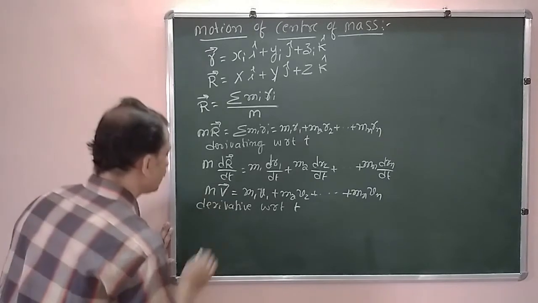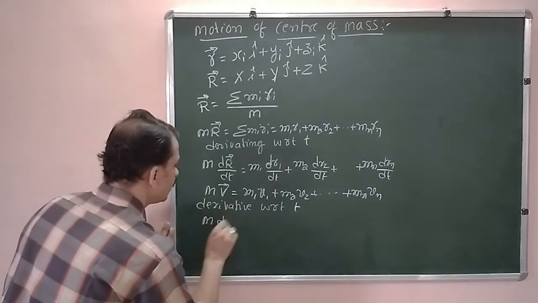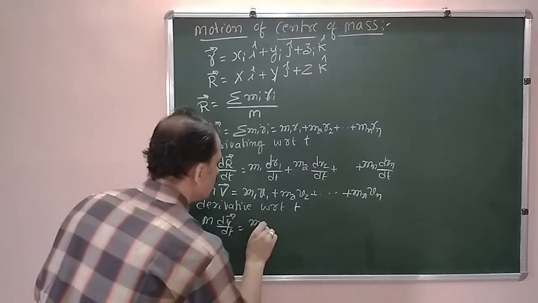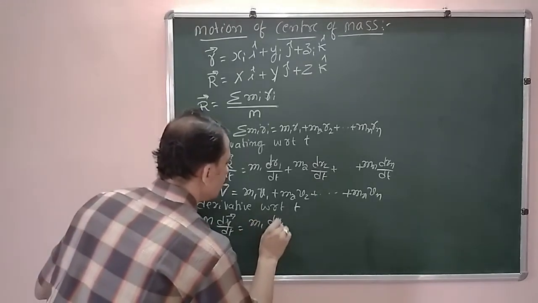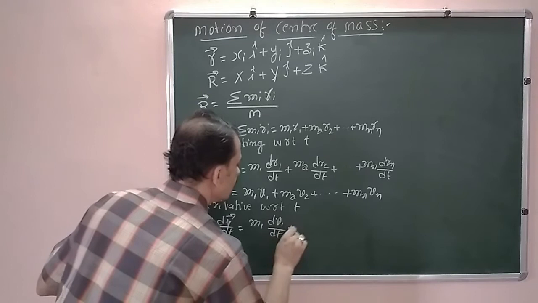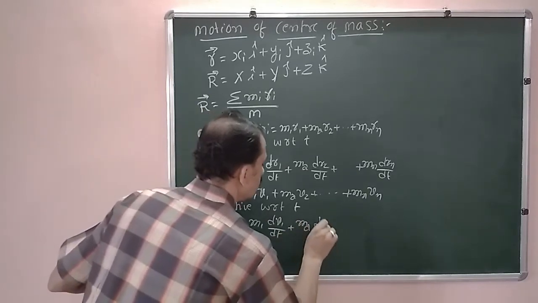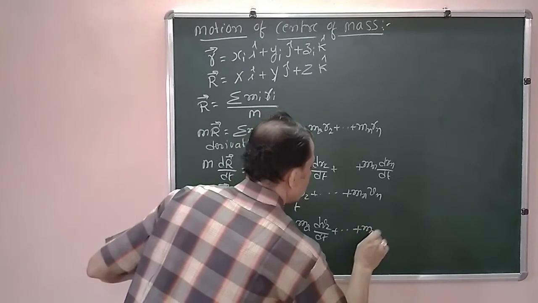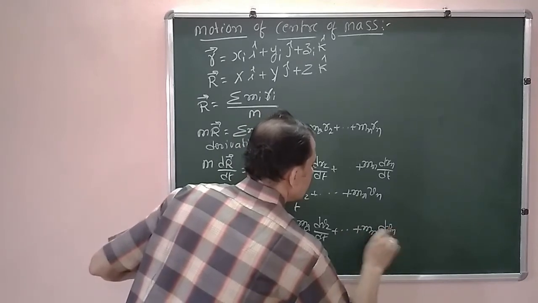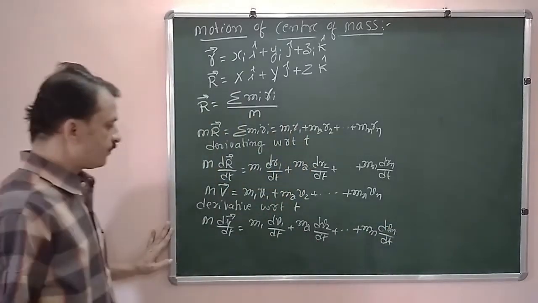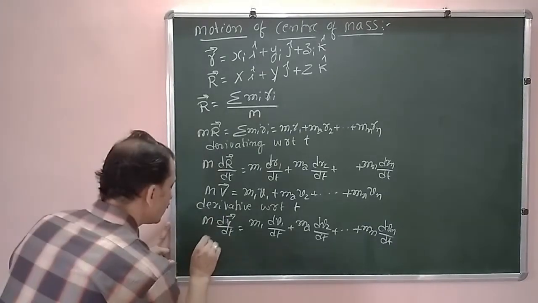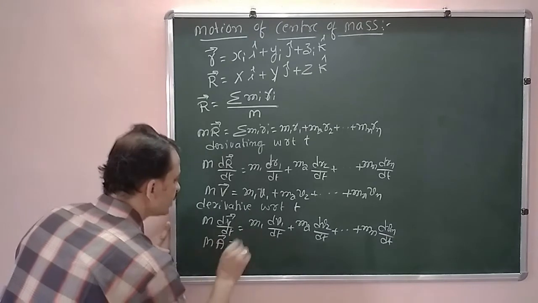Now taking one more time derivative, I am getting M dv by dt equal to m1 dv1 by dt plus m2 dv2 by dt plus etc. mn dvn by dt. What is the rate of change of velocity? We know that as acceleration.